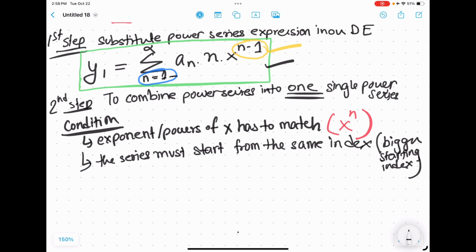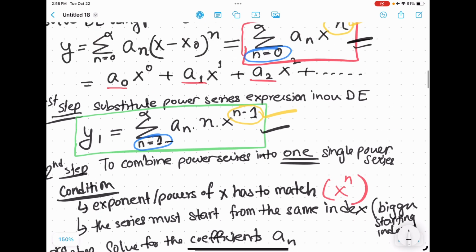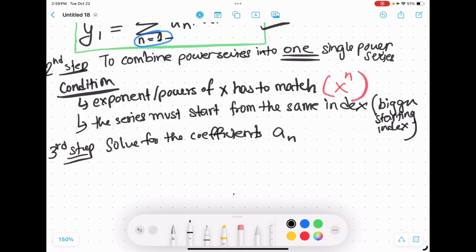Once we have fulfilled those conditions, then we can finally combine them into one. And once we do that, our third step would be to solve for the coefficients a sub n. We saw previously that we need to solve for these ones. So we need to solve for the coefficients a sub n. In order to do that, I am going to use my recurrence relation.